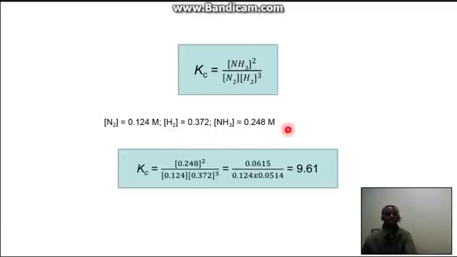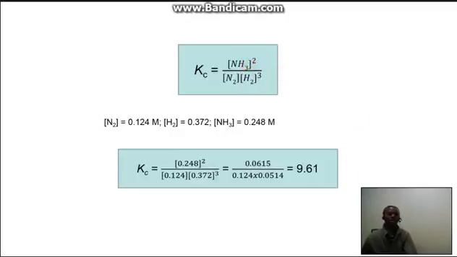These concentrations are given in molars. So what you do here is simple. You just put the concentrations in the Kc expression. Just substitute the concentration for the species in the Kc expression.